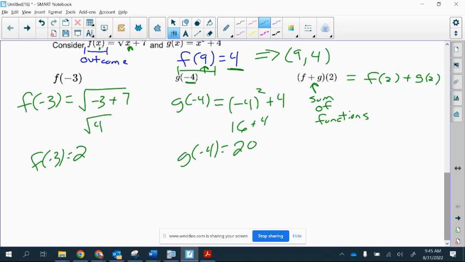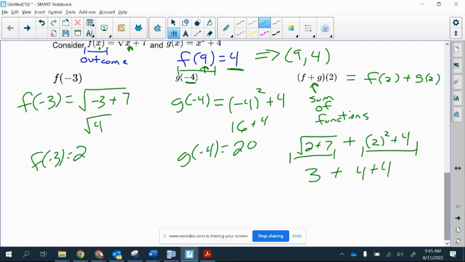So we could go ahead and look at the square root of 2 plus 7 and then add it to 2 squared plus 4. This being f of 2, this being g of 2. So we have the square root of 9, which is 3, plus this being 4 plus 4. f plus g of 2 is the sum of the two functions. When the input is 2, it would be 11.